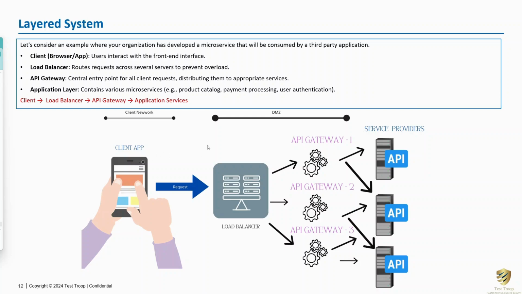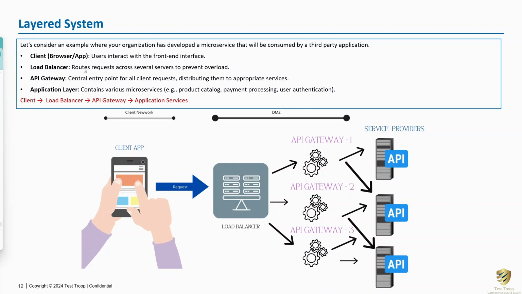This is a kind of layered architecture, where you have a client and a server. In between the client and server we have a load balancer and an API gateway. This basically tells about the layered system. Each layer is responsible for performing certain activities.